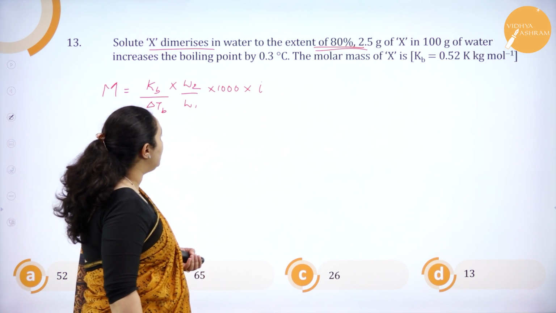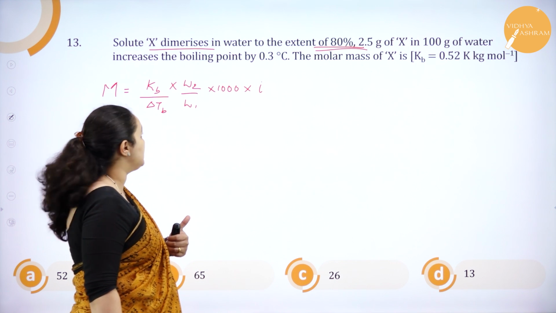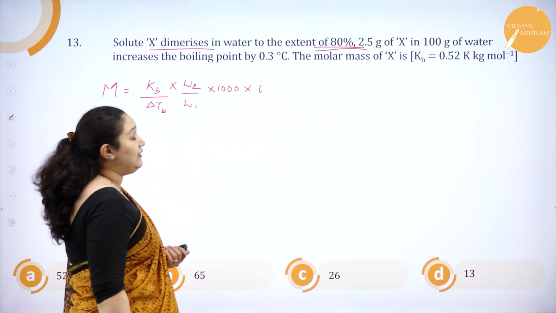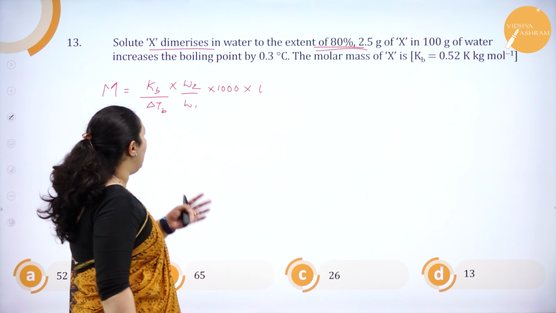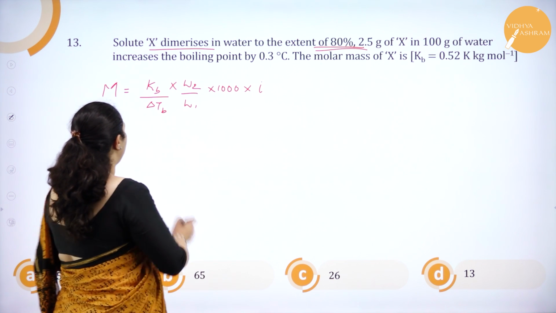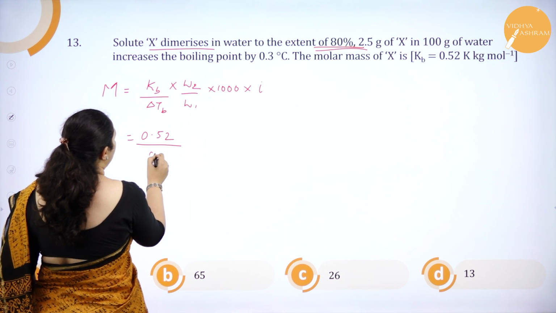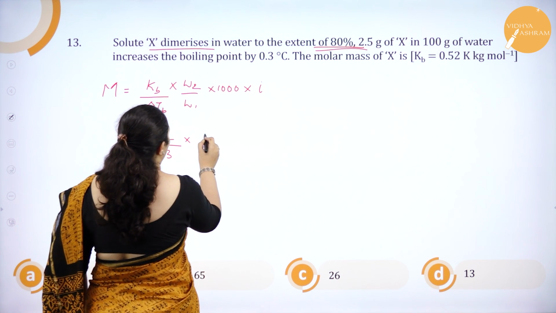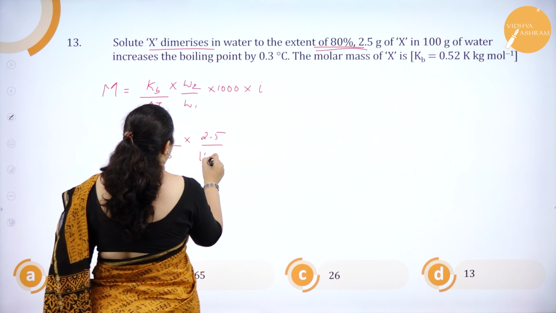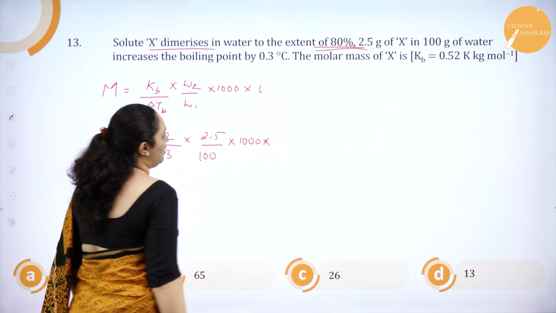But I don't know what is i. They have given the degree of association, that is 80%, and also they have given it dimerizes. Okay, so I can find out i with the formula. Rest all the factors they have given, if you see, it is 0.52, delta TB is 0.3, the mass is 2.5 by 100 into 1000. So I have to find out what is i.